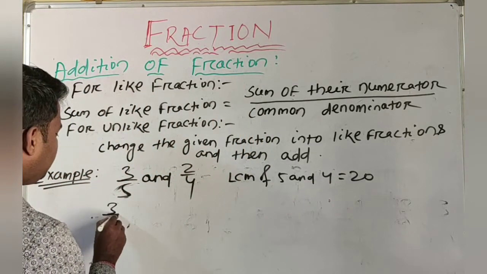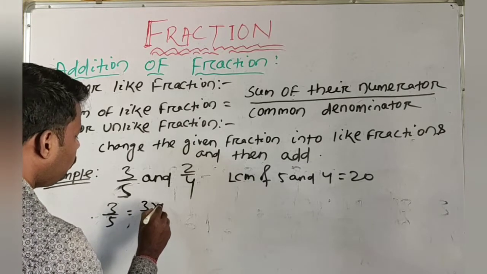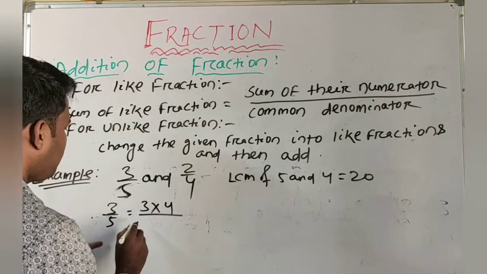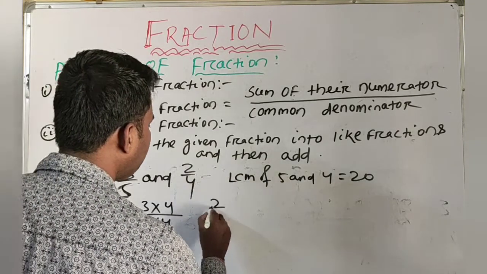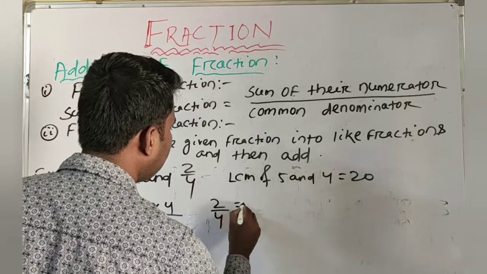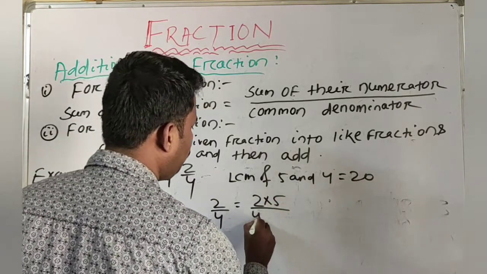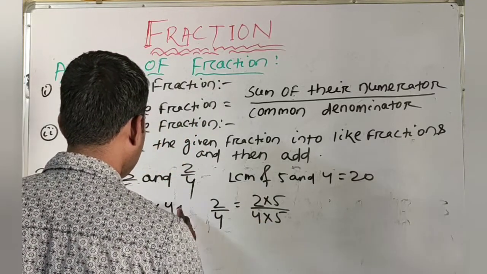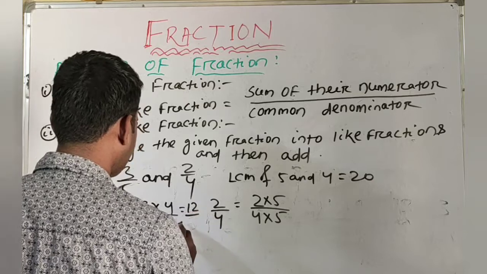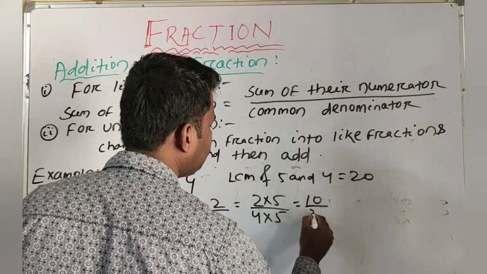Then 3 by 5 we can write as 3 into 4 over 5 into 4, and 2 by 4 we can write as 2 into 5 over 4 into 5. This one will be 12 by 20 and this one will be 10 by 20.